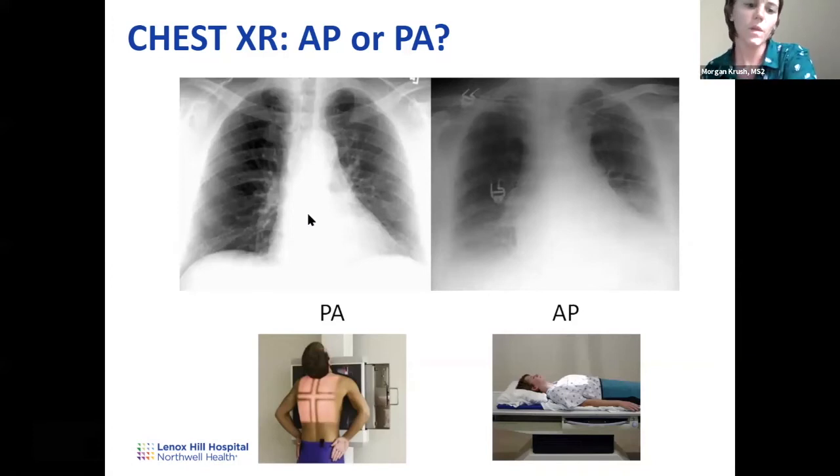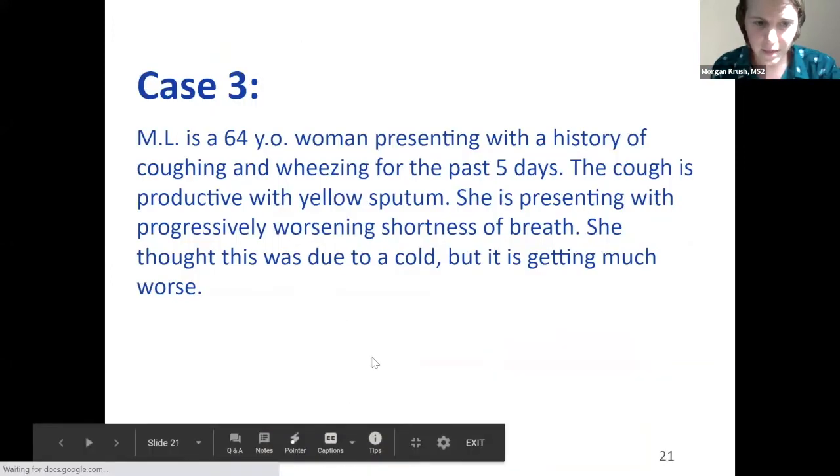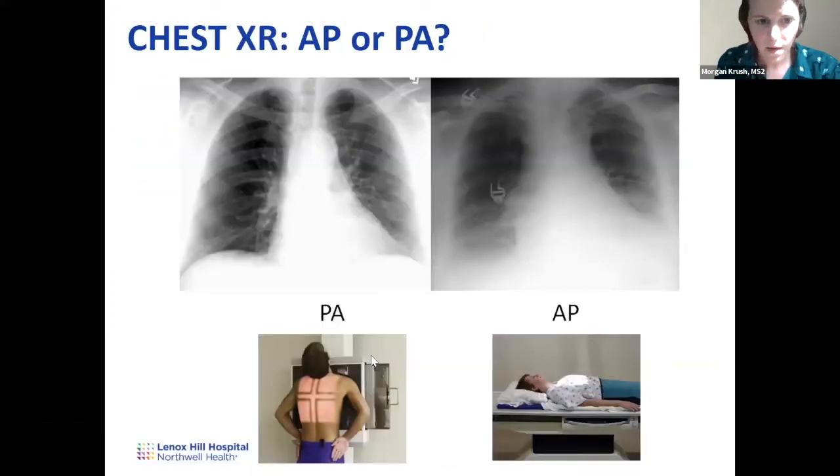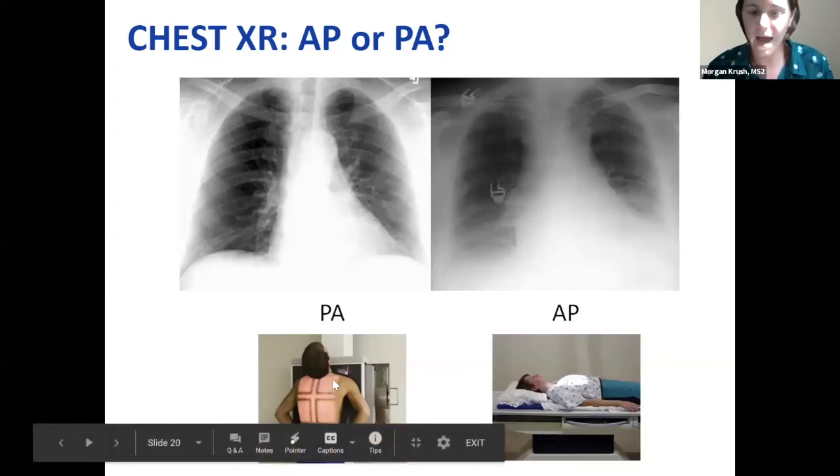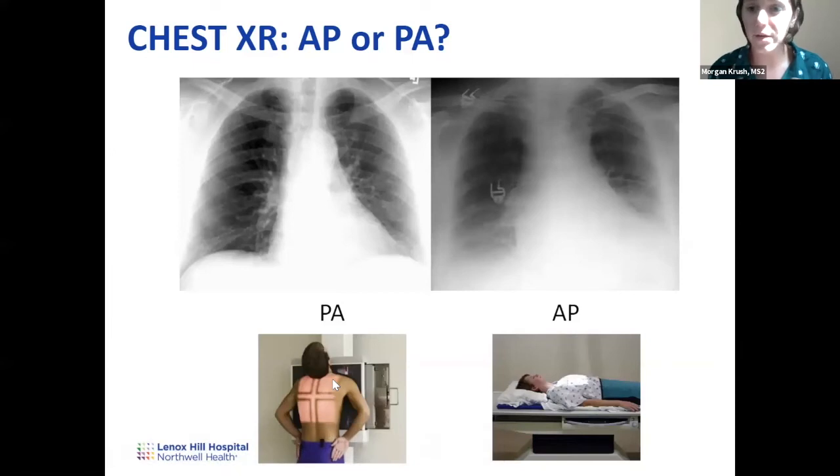You can kind of see how they do the PA view down here. You have the patient stand up, and you have them twist their shoulders out so that you can get a better view of the lungs without the scapula in the way. The scapulae are the bones on the back of your shoulders, and you're pressing them out so they don't get in the way of the x-ray.